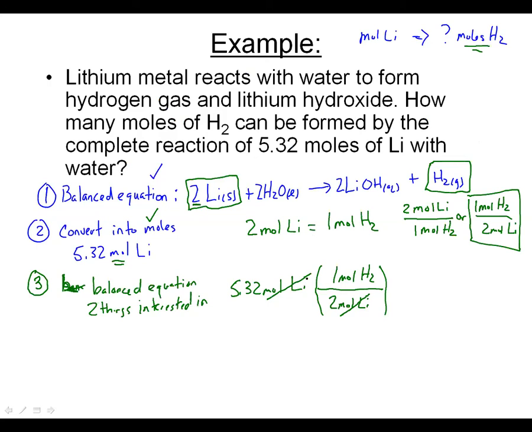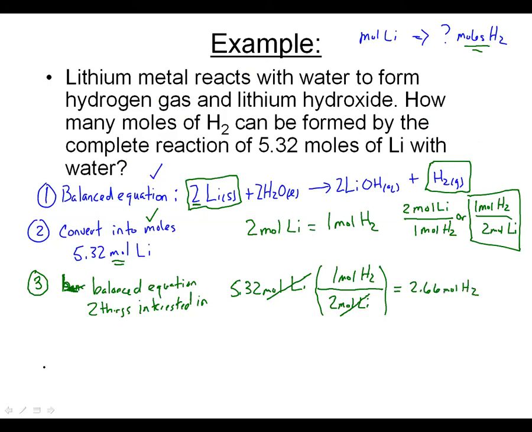And the 5.32 divided by 2 gets us 2.66 moles of hydrogen gas. And that would complete step number 3.